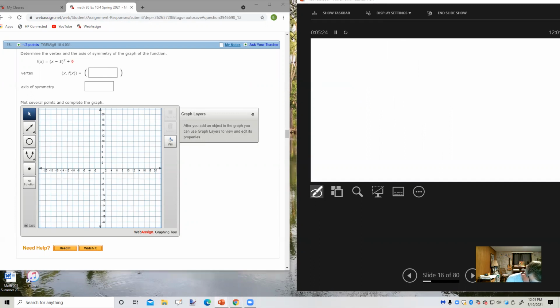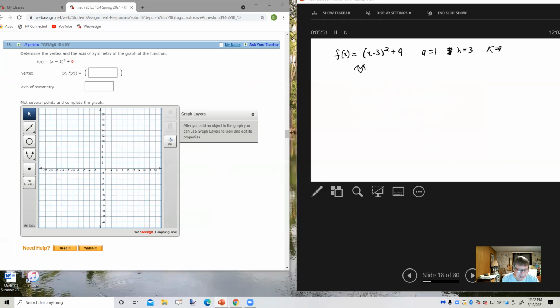So we've got f of x equals x minus 3 squared plus 9. So a is 1, h is 3, and k is 9. I almost wrote b is 3, and that's not b. Okay, so a equals 1 is positive, so this thing is going to open upwards.